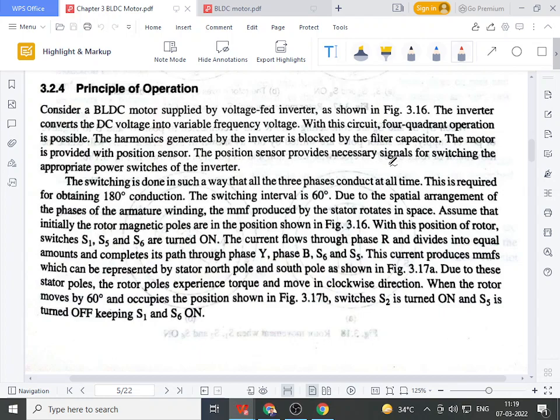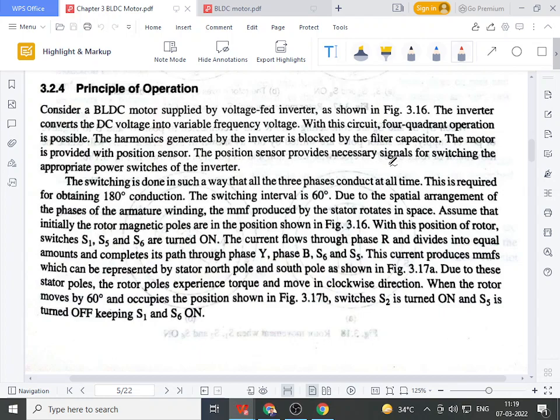And we know that when we excite such a distributed three-phase winding with the help of a three-phase supply, then there will be formation of a three-phase rotating magnetic field. So always, after excitation of a three-phase 120 degree space displaced winding with a three-phase AC supply which is 120 degree time displaced, whatever magnetic field is developed in the air gap is rotating in nature.